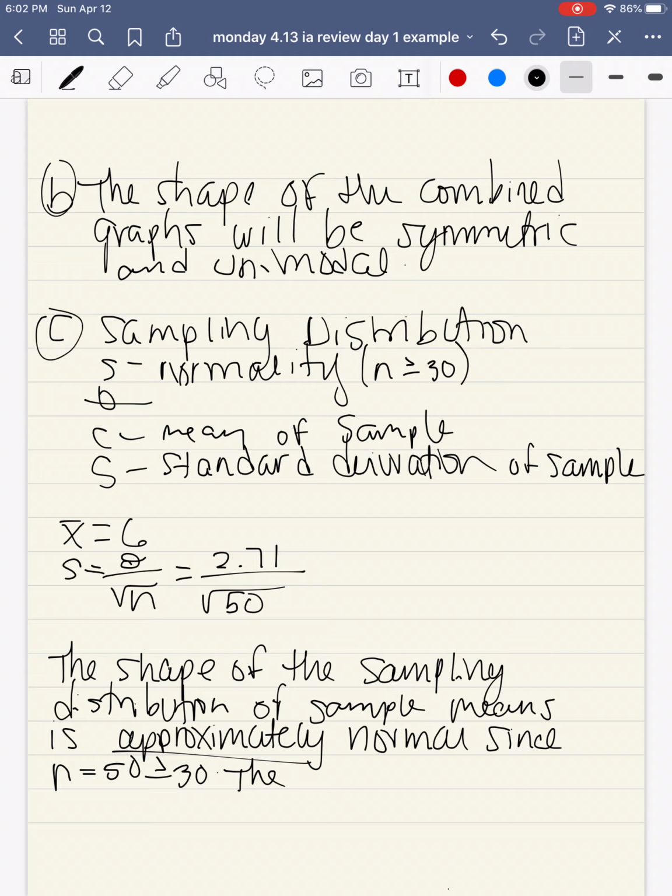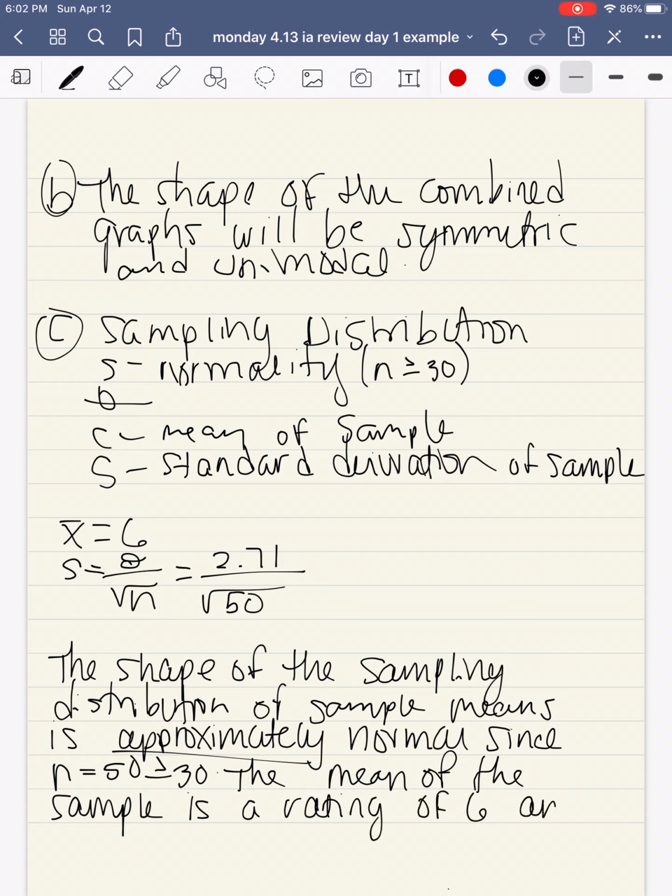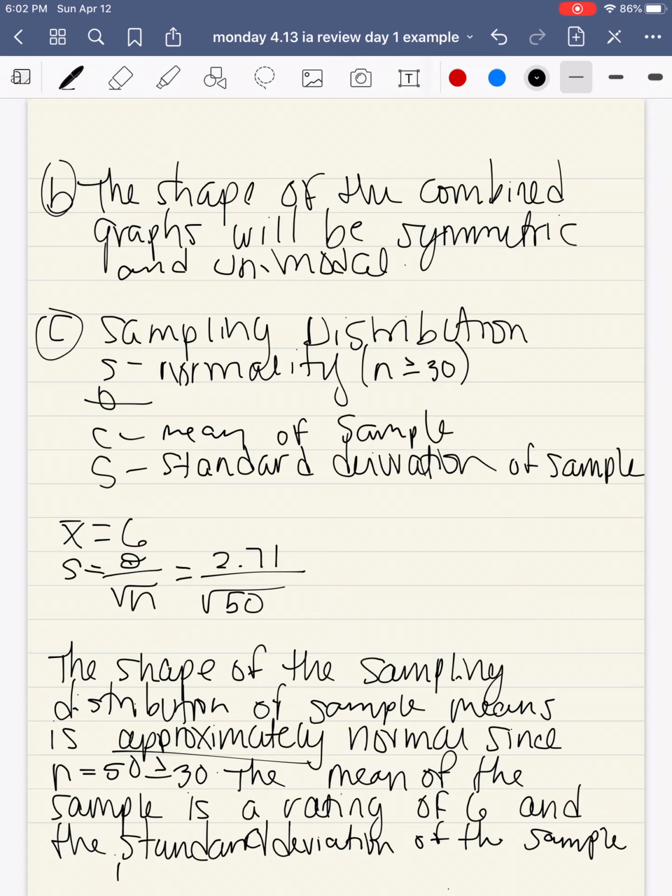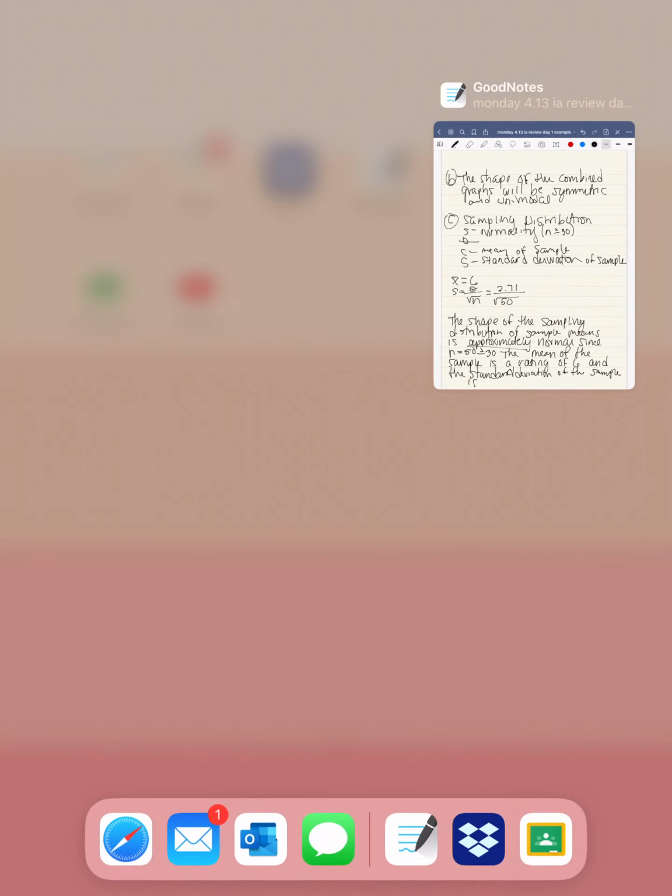The mean of the sample is a rating of 6, and the standard deviation of the sample is, and let's go ahead and calculate that.